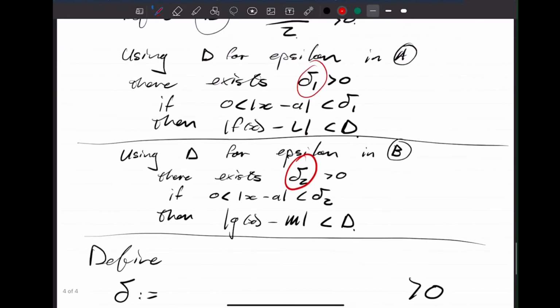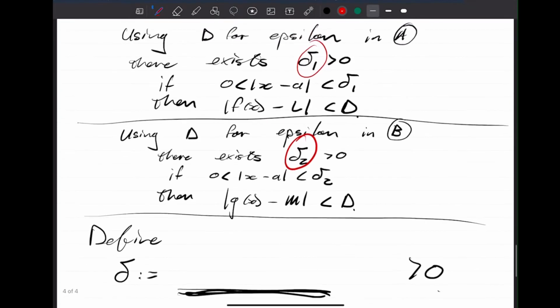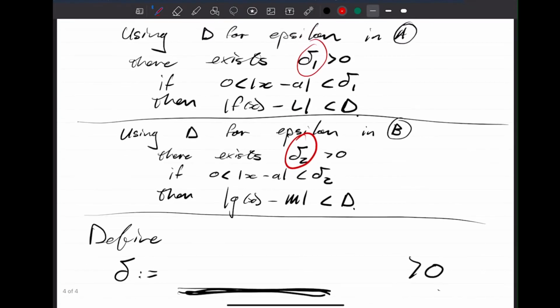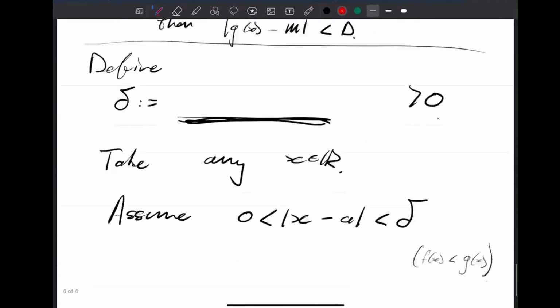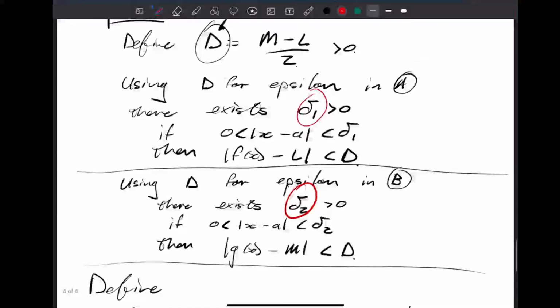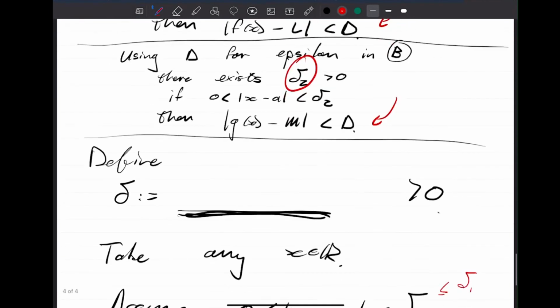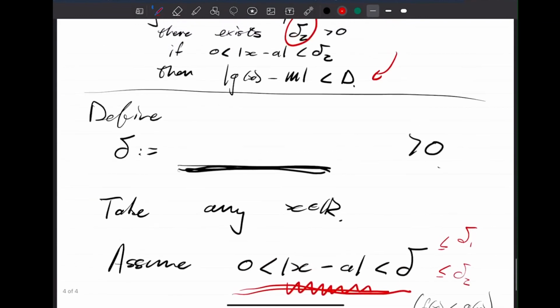So we want here, under this assumption, we want delta to be less than delta 1 and to be less than delta 2, because if we can force that, then we obtain the conclusions here, that absolute value of f minus L is less than d, similarly for absolute value of g minus m.